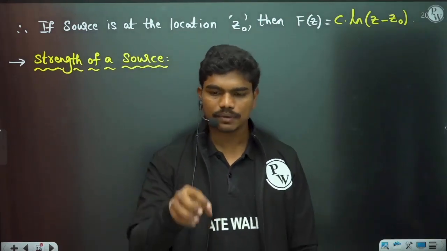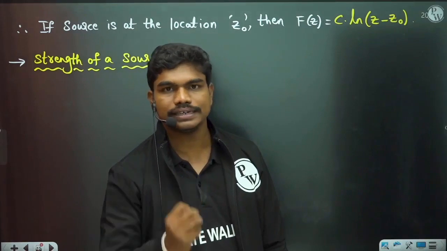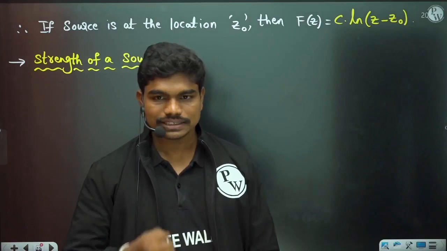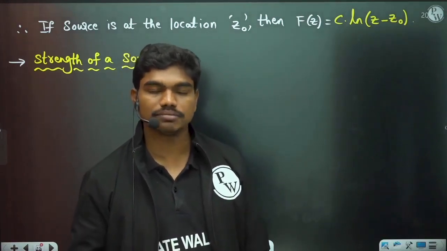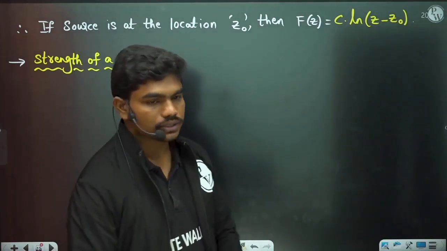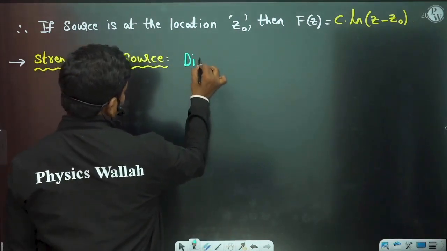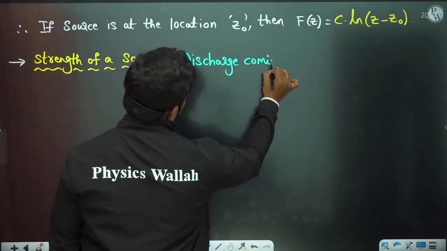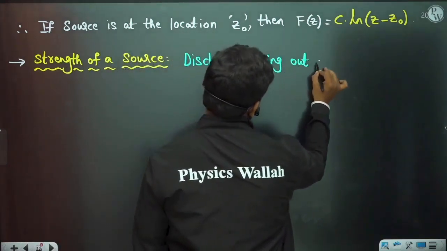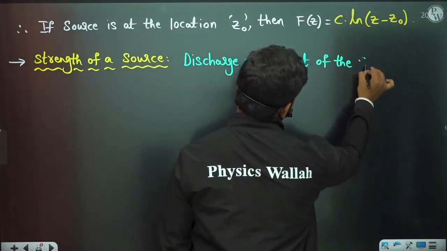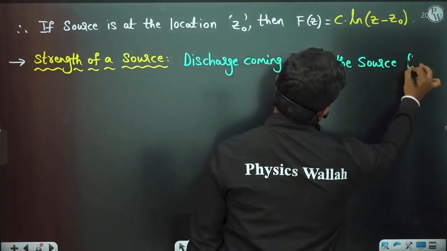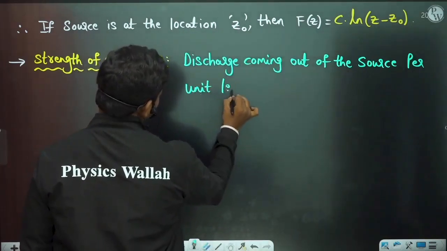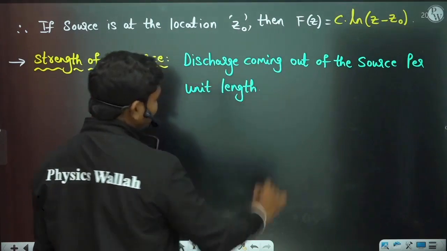Because look, let us suppose from the same point fluid is slowly coming out in radial directions, but from the same point some high velocity fluid is coming out, meaning the discharge is high. So the strength of that particular source is measured in terms of the discharge provided by that source. Okay, so this is given by the discharge coming out of the source per unit length.